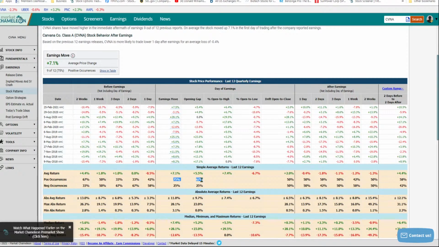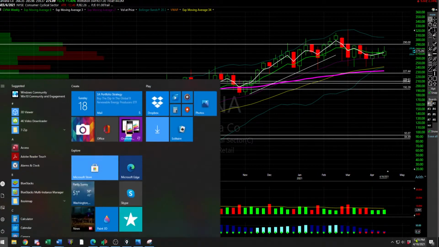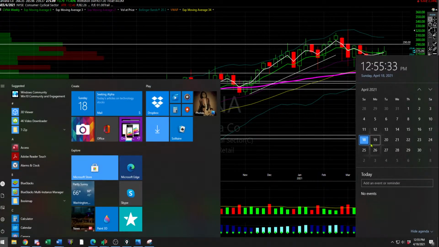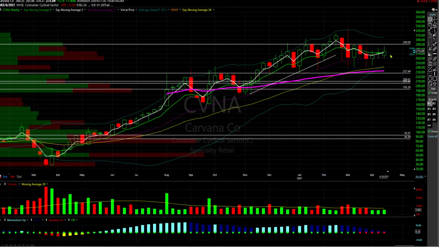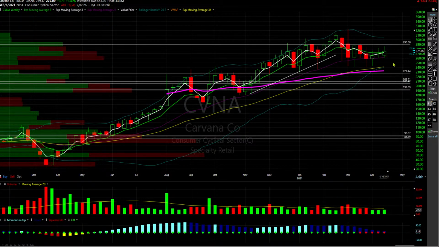Look at the earnings move though. It usually has great earnings moves. So how many weeks do you have before earnings? You've got 2. Is this going to work itself out in 2 weeks? The answer is no. Earnings will probably take this whatever direction it's going to go.